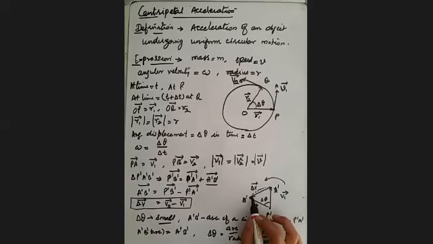So length of the arc divided by the radius gives you the angle. So A'B' upon P'A' is equal to delta theta. So let us put these values from here.